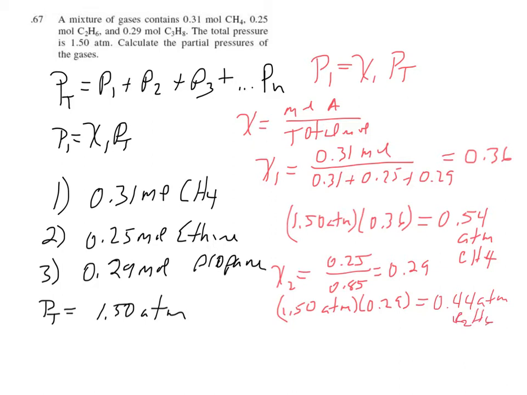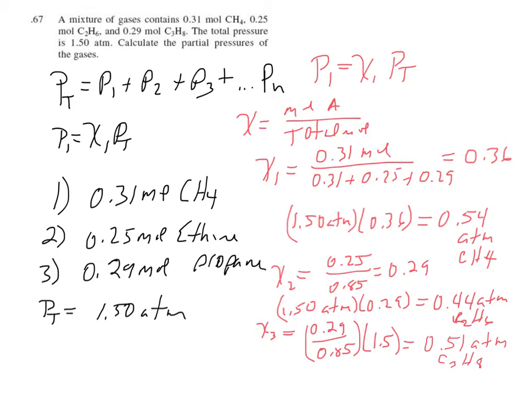And then likewise, chi3 is going to equal 0.29 over 0.85 times our 1.5, so that we can get 0.51 atmospheres for the C3H8.